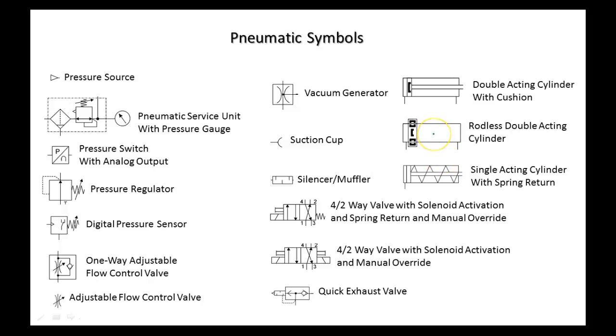This is a rodless cylinder. These guys don't have rods. They attach different ways to whatever you're trying to move. Some have a belt run through here, and the belt comes over and rolls across the top, and a cradle is attached to that belt or wire.